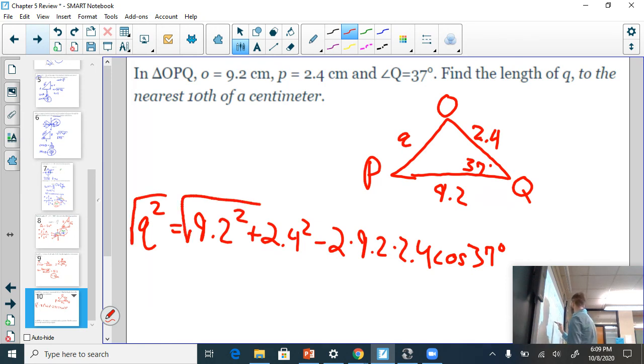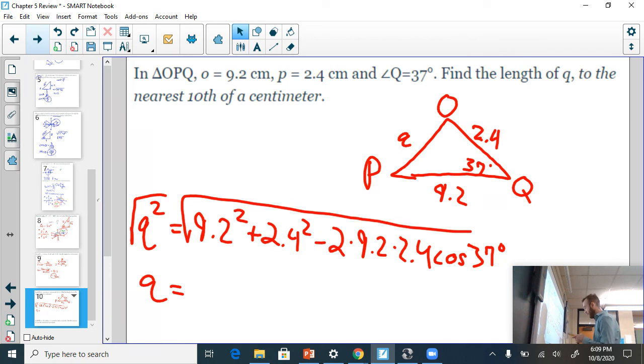Square root both sides, and you will get q equals, let me crunch these numbers, 9.2 squared plus 2.4 squared minus 2 times 9.2 times 2.4 times cosine of 37. Be really careful with your parentheses here, guys.